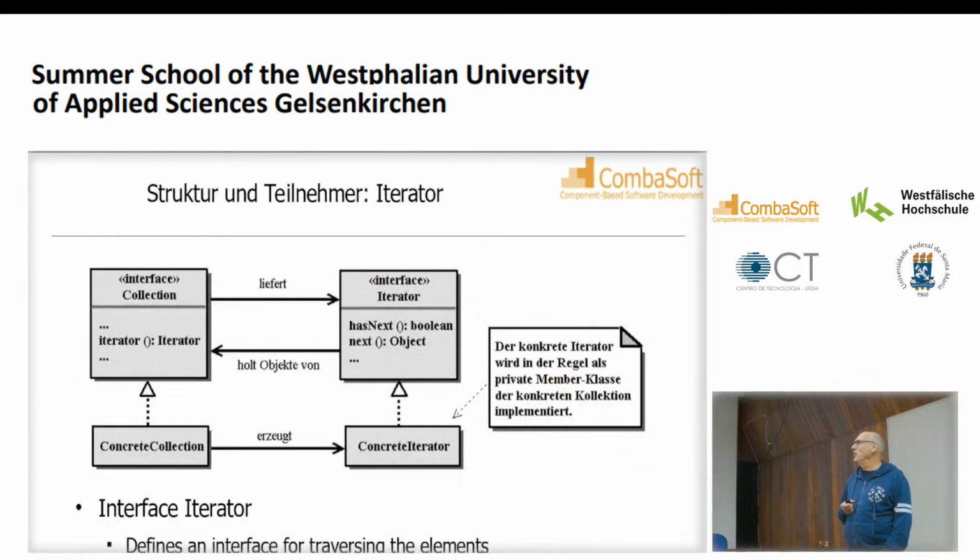So let's look at the typical elements of this structure, of this pattern. You have two interfaces and two concrete implementations. You have an interface collection and an interface iterator. The iterator has two operations. It has a next operation and it has a has next.